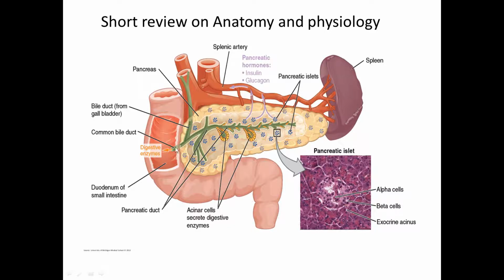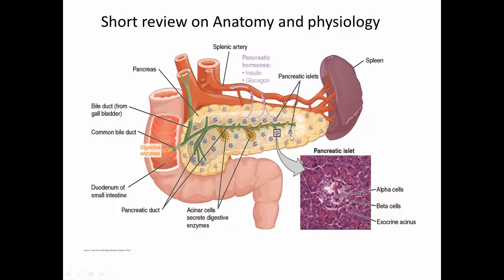You can see the pancreatic duct, which runs in the middle of the pancreas.